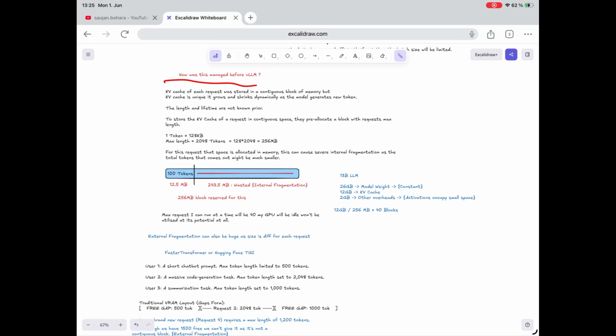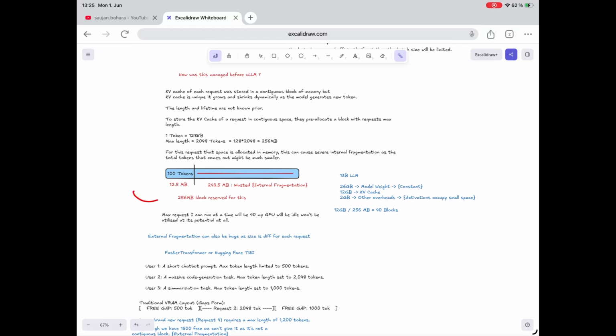Let's understand how this was done before vLLM. The KV cache of each request was stored in a contiguous block of memory. So for each request, a contiguous block was given to store it in memory. Take this example: assuming one token consumes 128 kilobytes of space in our memory, and we have defined a parameter that says the maximum length is 2048 tokens, that will consume 256 megabytes of space.